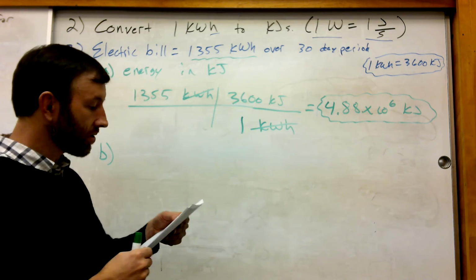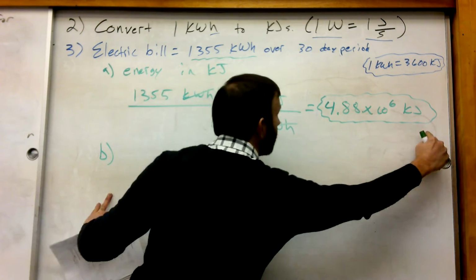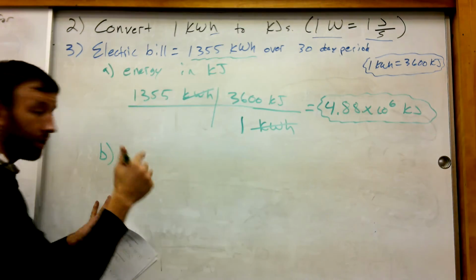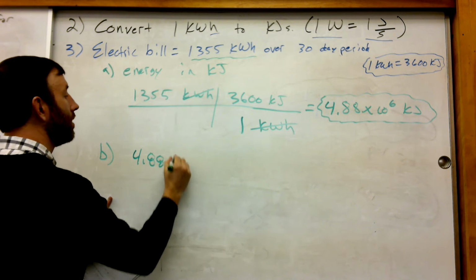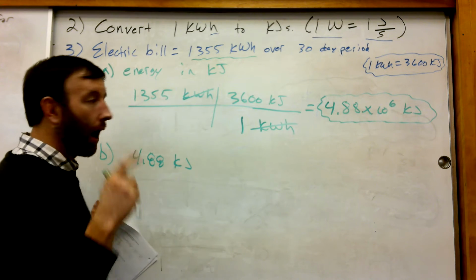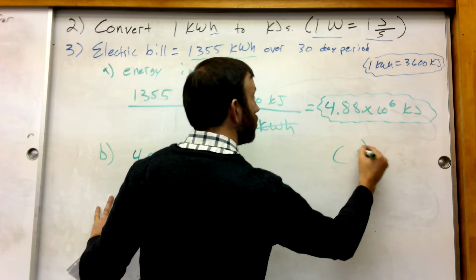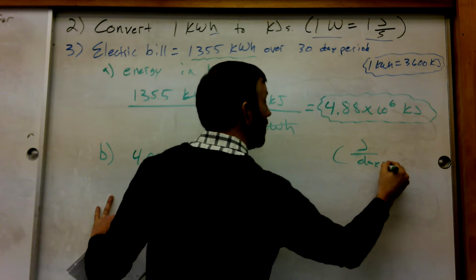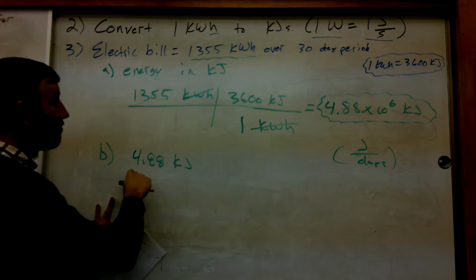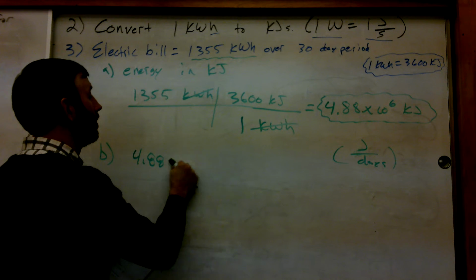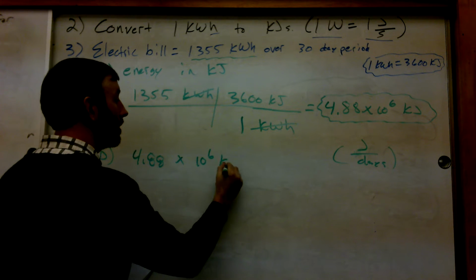Okay, so it says find the energy used in joules per day. So I've got my kilojoules per 30 days here. So now watch what I'm going to do here. 4.88 kilojoules. So in my answer, I want joules over days is how I want that to look. Okay, so I've got 4.88 times 10 to the 6th kilojoules.